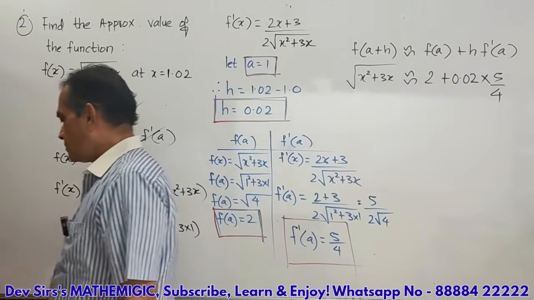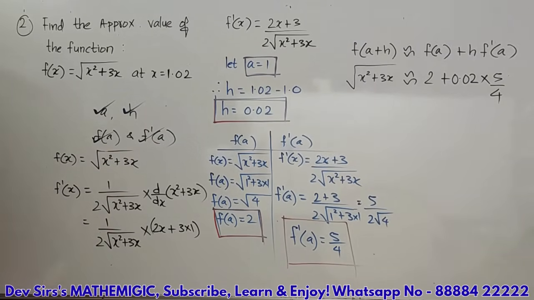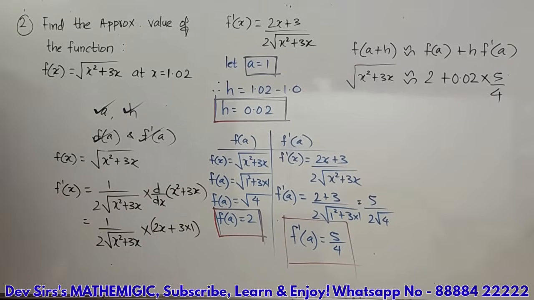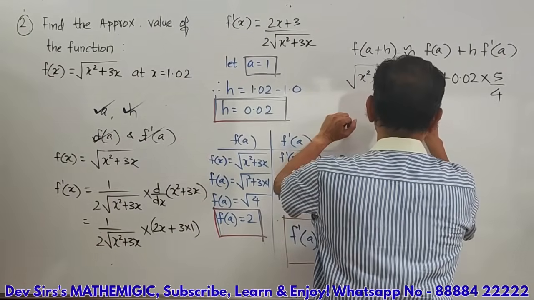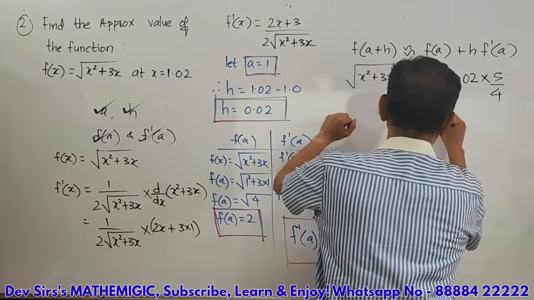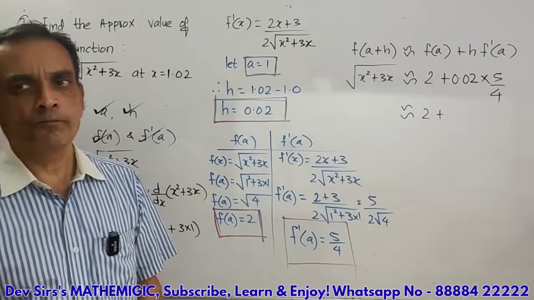See if it is visible on your screen, because I have certain limits over here, not to go beyond a certain length. Okay, fine, you can see this. So let's calculate now. 0.02 into 5 by 4.